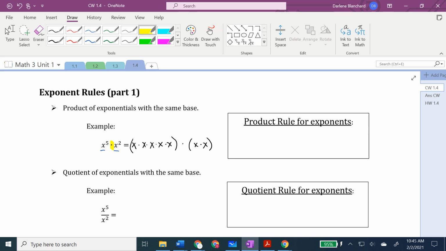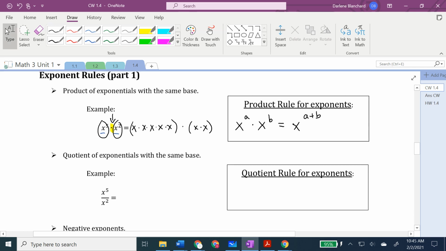The 5 tells me how many times I multiply x the first time. The 2 tells me how many times I multiply x the second time, and altogether I am multiplying. So the product rule for exponents is x to the a power times x to the b power is equal to x to the a plus b power. And have you seen that rule before?